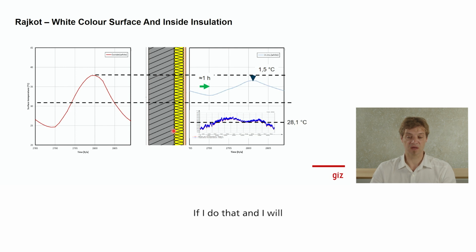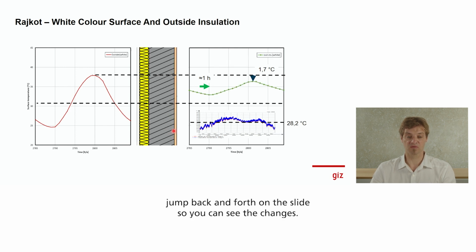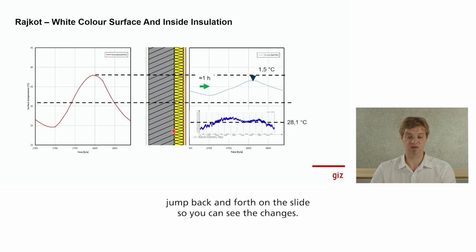If I do that, and I will jump back and forth on the slide so you can see the changes, you can see that there is just a minor change in the temperature attenuation, and almost nothing changes in the average temperature of 28.2 or 28.1 degrees Celsius.